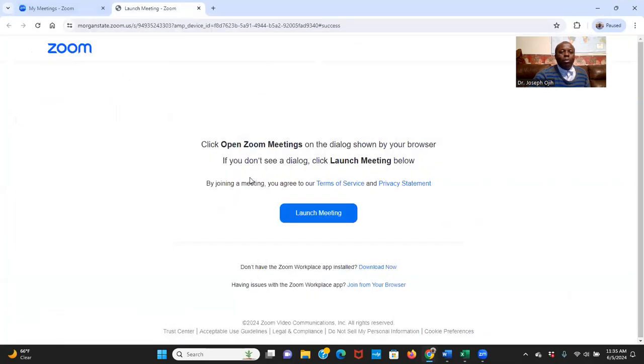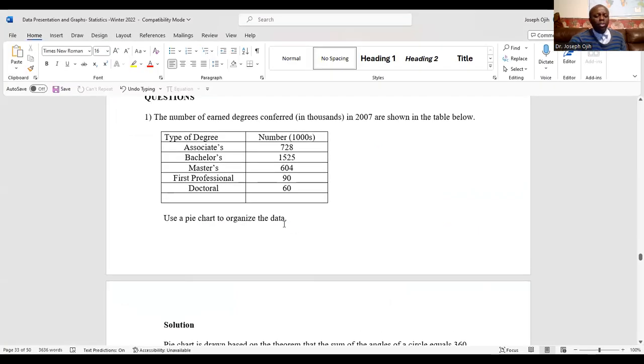But we're not going to do that here because it will take up all the time, and since we have technology, you understand the principle. So what we're going to do now is copy this and paste it in Excel, and then we can do the pie chart from there.